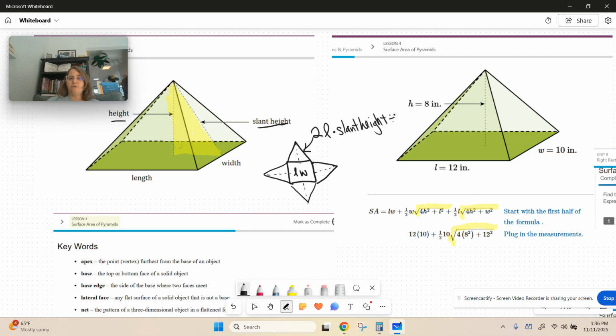In each of these triangles, you'd have 2 that had the length times the slant height divided by 2, right? Remember, base times height divided by 2 for triangles. And then you'd have 2 other ones that would be the width times the slant height divided by 2. These expressions down here are for the slant height.